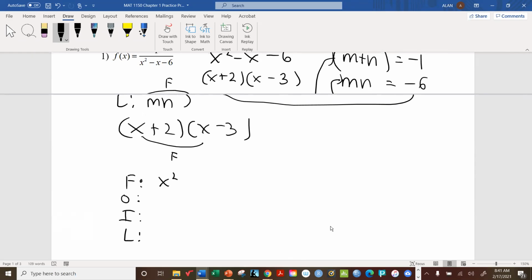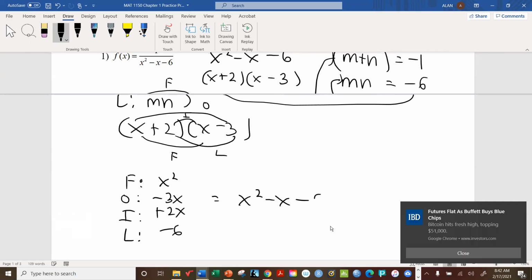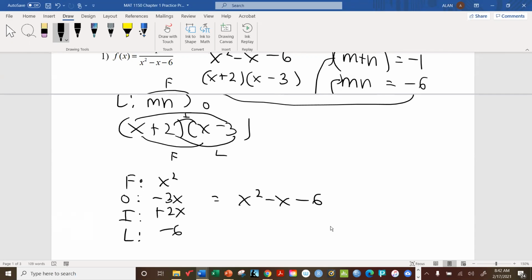O is the outer two, minus 3x. Inner would be these two. And then last would be these two. So this gives us x squared minus x. Oh yeah, what do you know? It works.